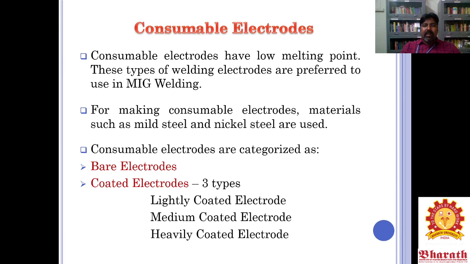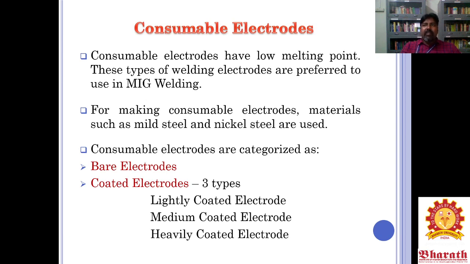Bare electrode, right? What is a bare electrode? A bare electrode does not have any coating on its surface. They are rarely used in welding, like wrought iron, mild steel, etc. They must be used only with a straight polarity. When bare electrodes are used, the molten metal reacts with the atmosphere.